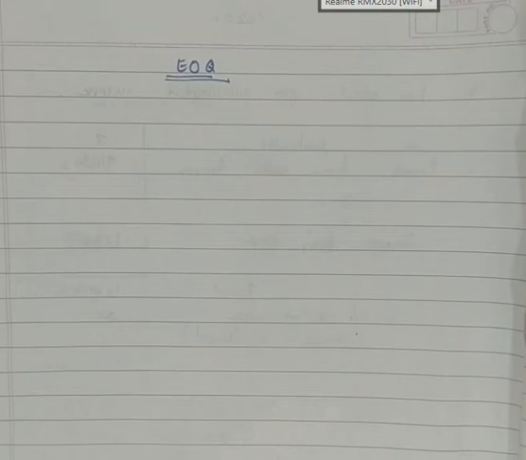So that's ordering cost, which is a function of the number of orders. And carrying cost is the cost of maintaining the inventory after purchase.